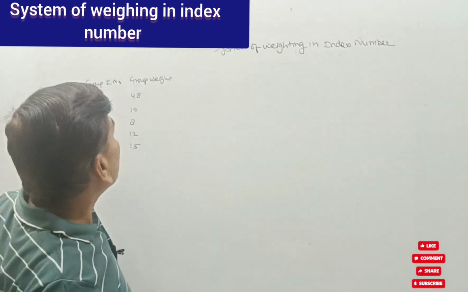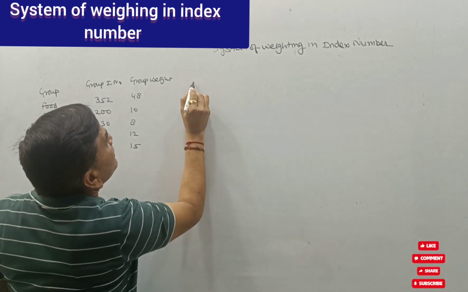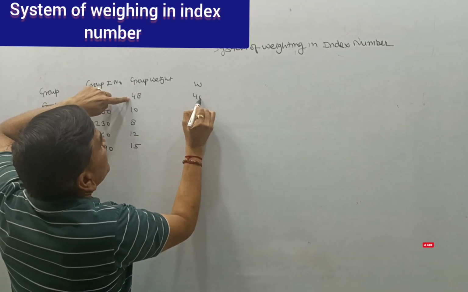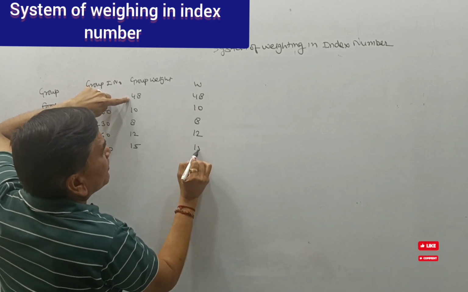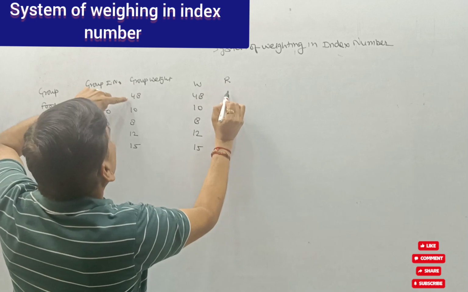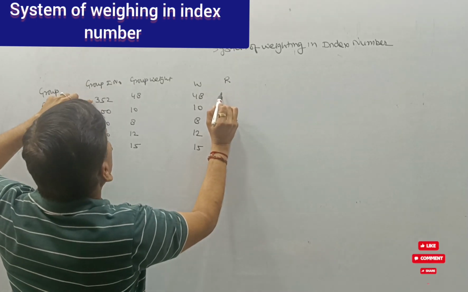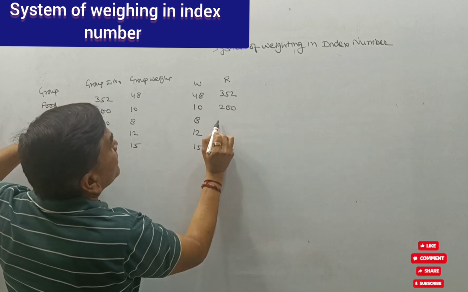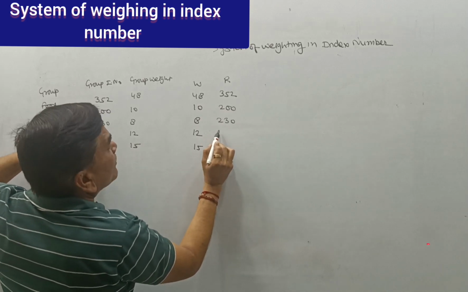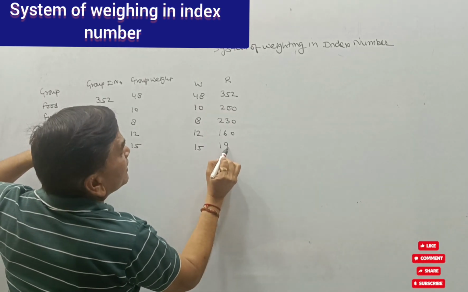We have the values of weight W, that is 48, 10, 8, 12 and 15. The values of the index number R are 352, 200, 230, 160 and 190.